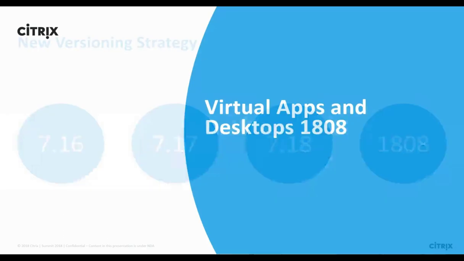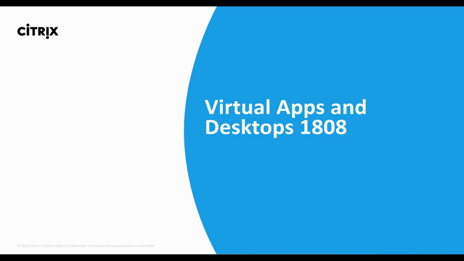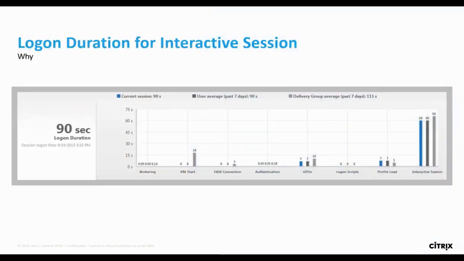Now I want to focus a little bit on the virtual apps and desktops 18.08 release, and a couple of the new capabilities that have been introduced within this release. The first thing is logon duration. In Director, we've had this capability for a while: being able to see how your logon is breaking down.